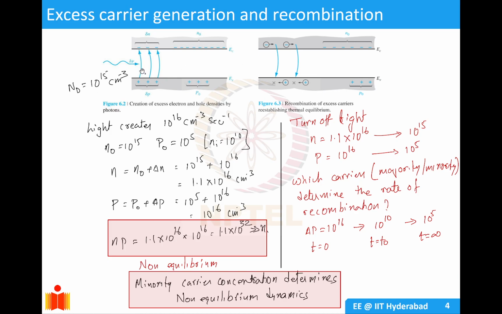If we apply light to a semiconductor, it will generate excess electron-hole pairs. These excess generated electron-hole pairs are called delta n and delta p. Due to that excess generation, they will diffuse into the semiconductor, and after some time, they will recombine.